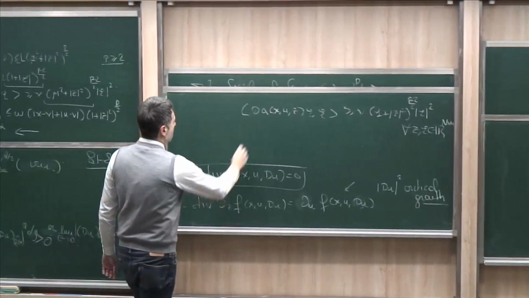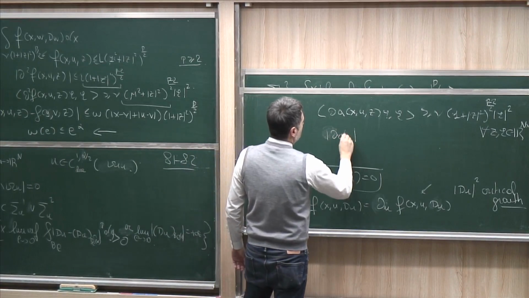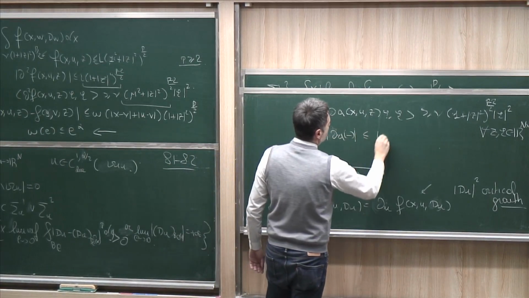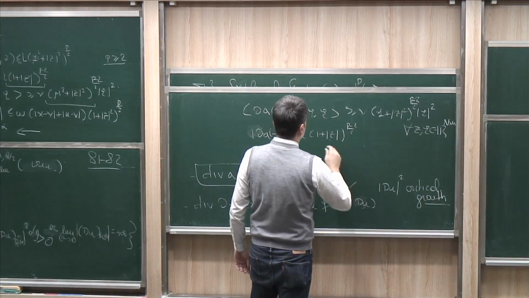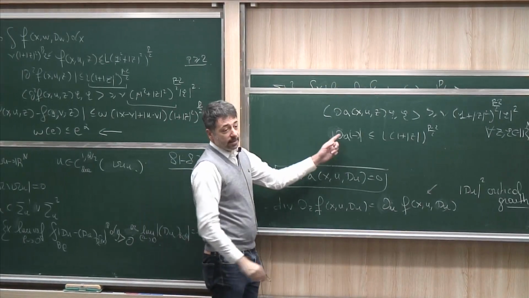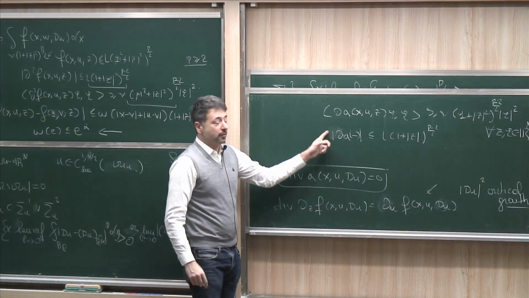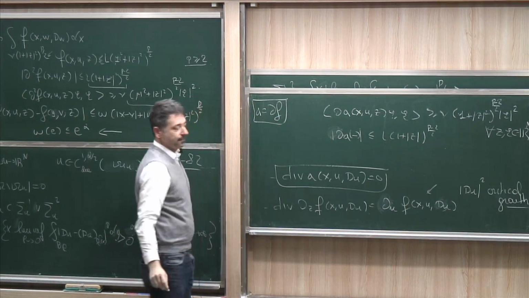for every z, couple of gradients, and of course its derivatives are bounded by (1 + |z|^2)^{(p-2)/2}. And you have the same thing, of course, if you believe that A can be written in the variational case as this.